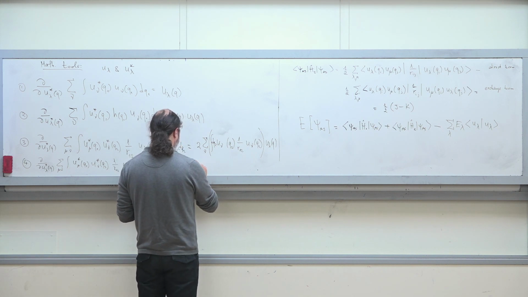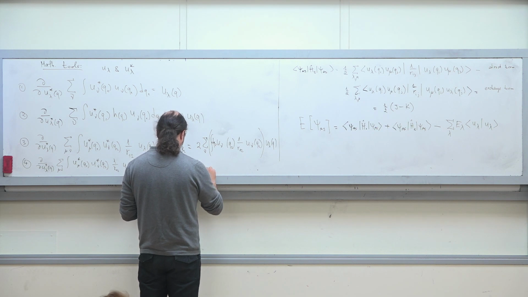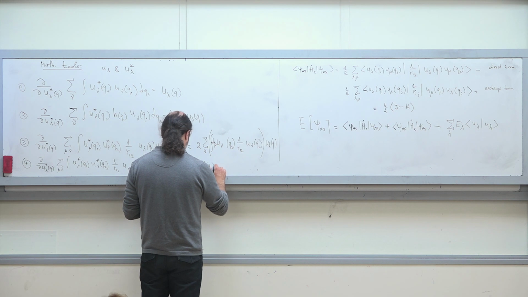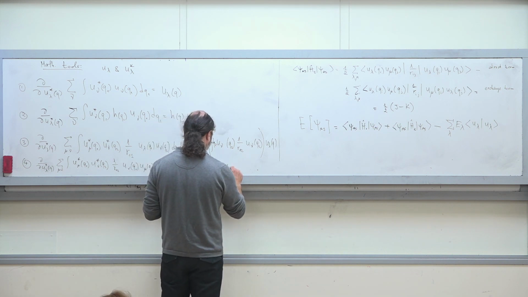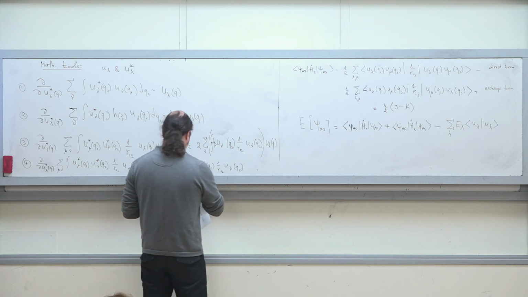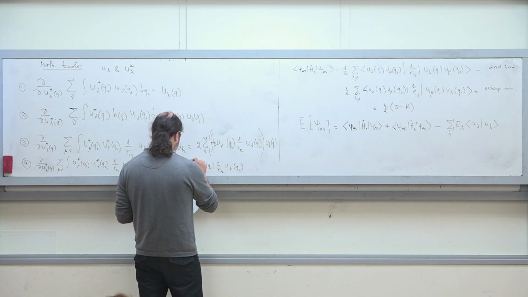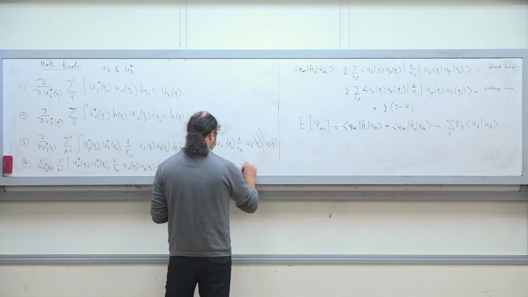Again, here we have the integral of u mu star of q2, 1 over r12, u lambda of q2, and this should be multiplied by the wave function u.